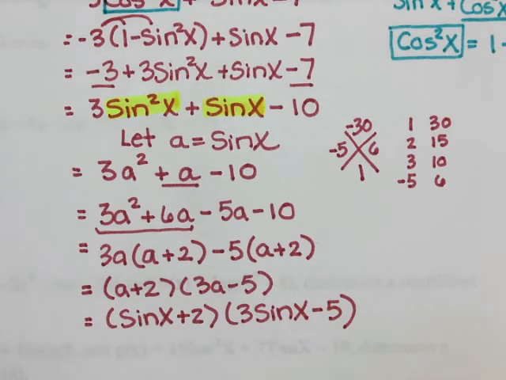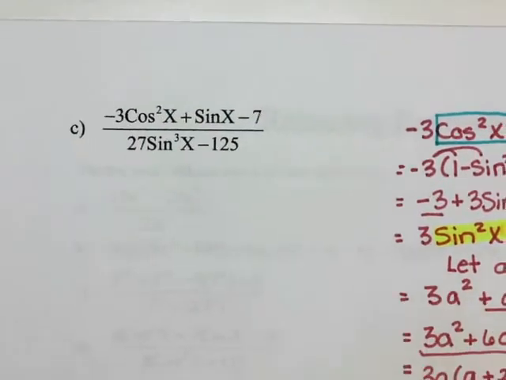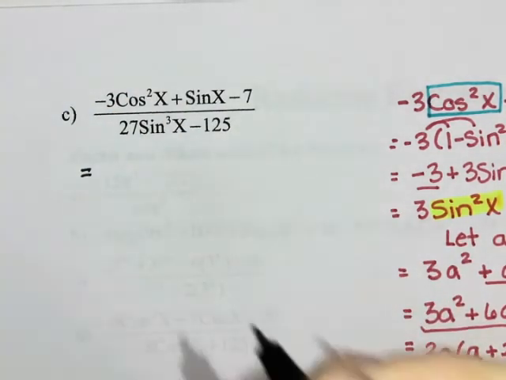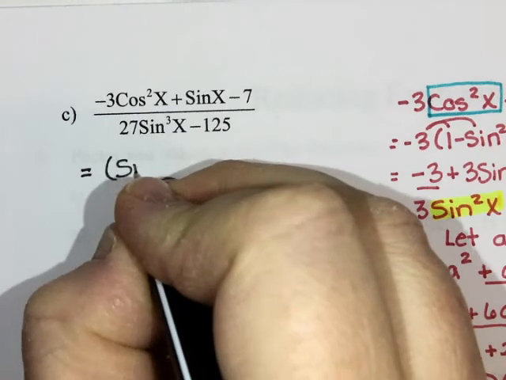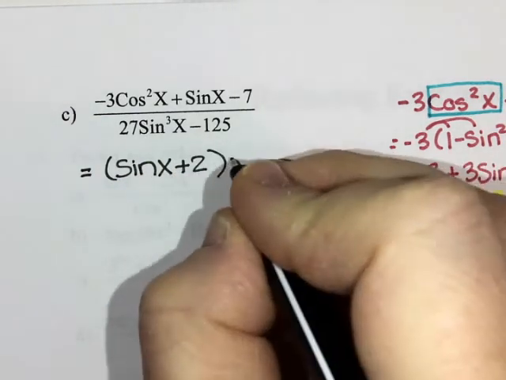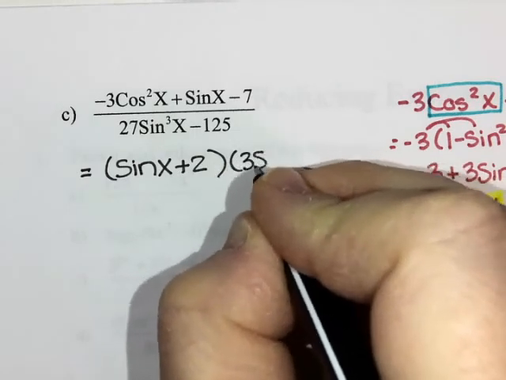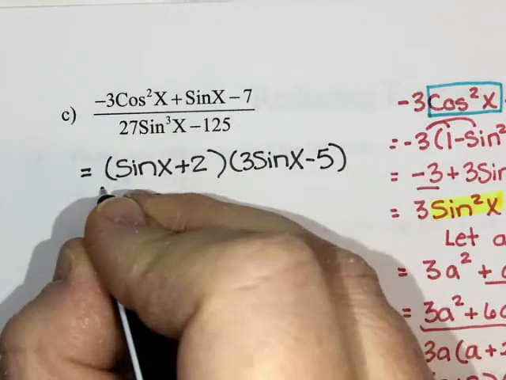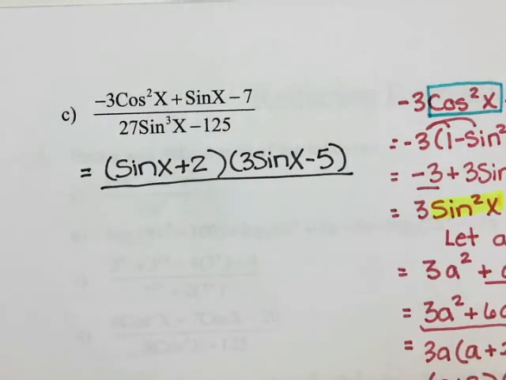So I'm going to go back to my original expression and replace this with that. So this is really sine x plus 2, and then 3 sine x minus 5. In the denominator, we have 27 sine cubed x minus 125.